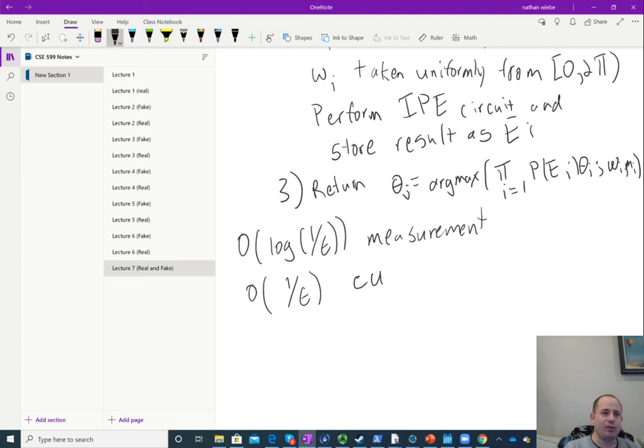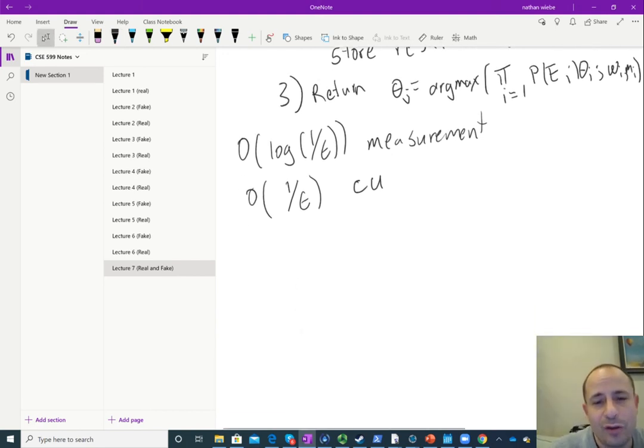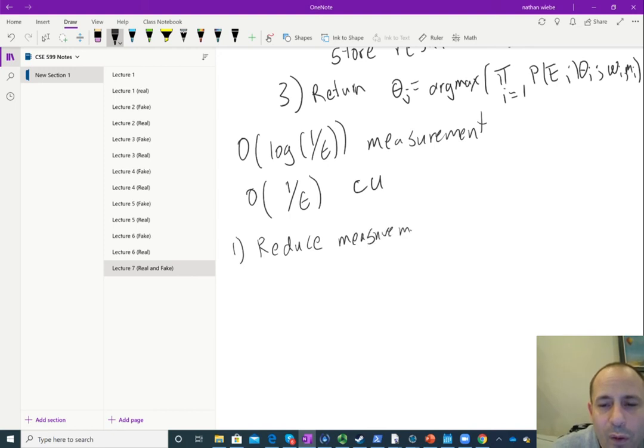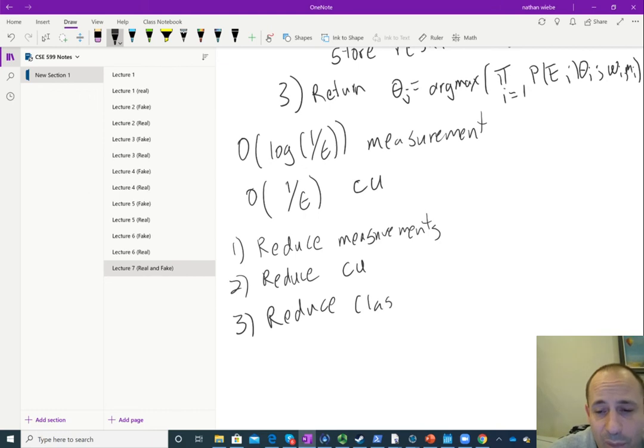But I should mention that there's three sorts of trade-offs for iterative phase estimation. One, we want to reduce the number of measurements. Two, we want to reduce the number of controlled U's. And three, we want to reduce the classical processing time.